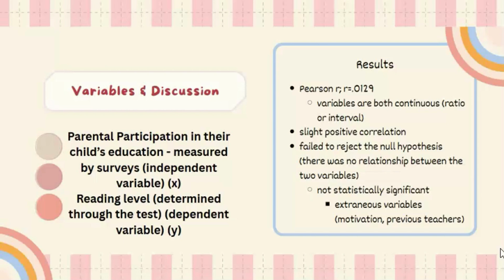This R told us that we had a very slight positive correlation, but the relationship was very weak, very close to 0.00, which means that we failed to reject our null hypothesis, which was that there was no relationship between the two variables. Also, it's not statistically significant, because there are other extraneous variables that are hard to track.